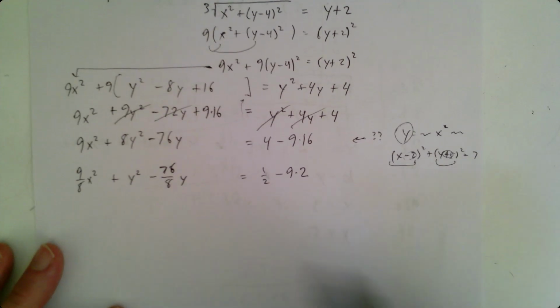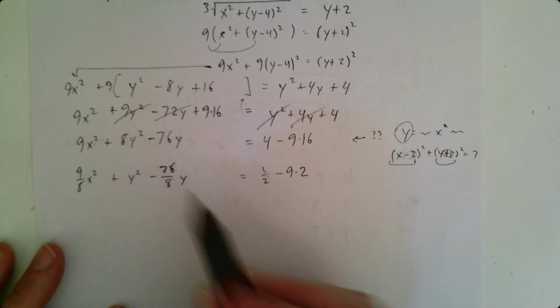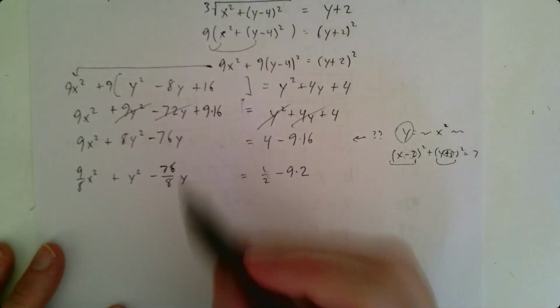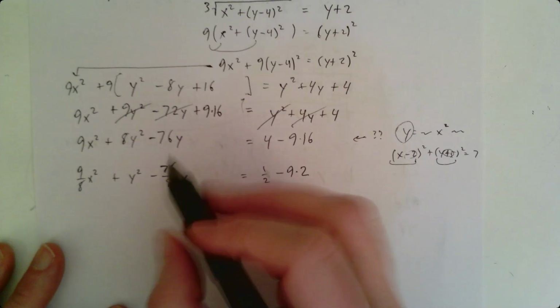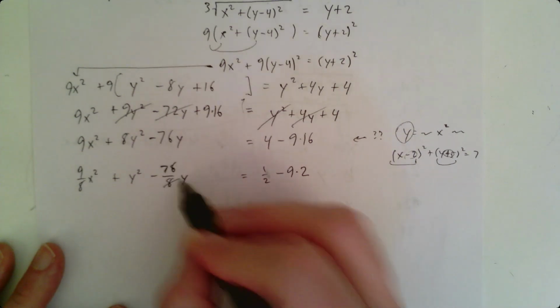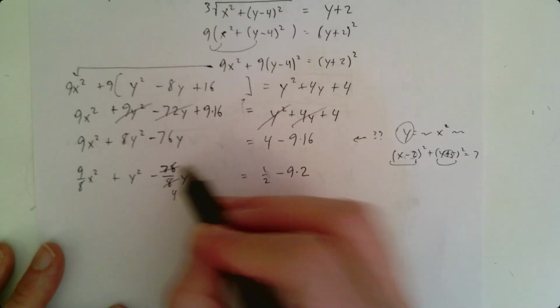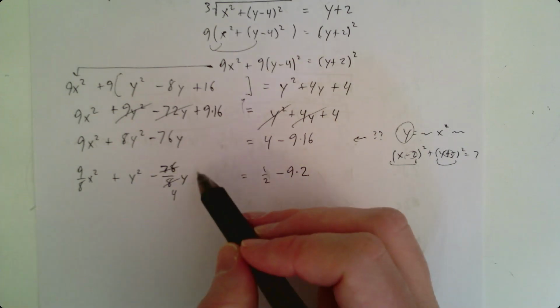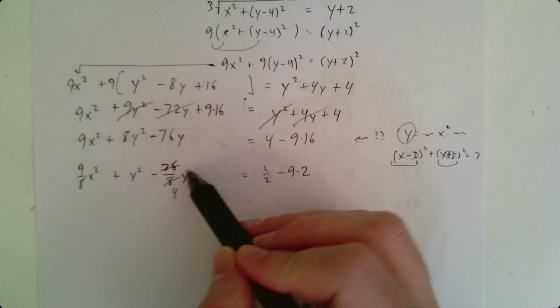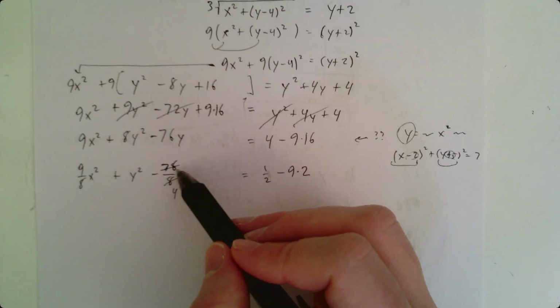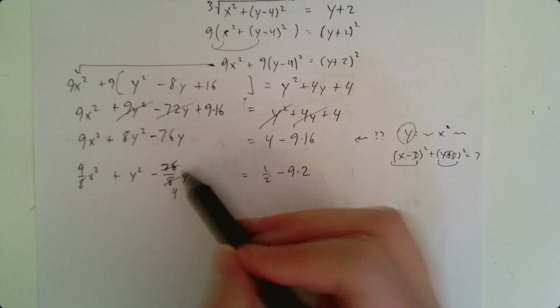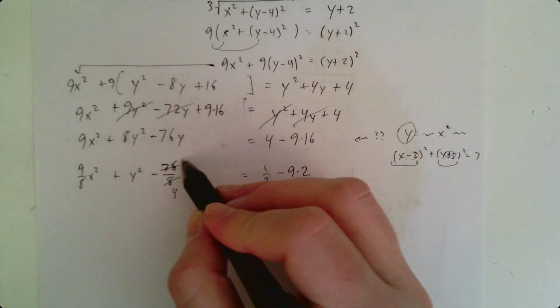Okay, let's simplify this 76 over 8. So let's cancel 2's. In the denominator, 8 divided by 2 is 4. In the numerator, 76 divided by 2: 70 divided by 2 would be 35, 6 divided by 2 is 3, so 35 and 3 would be 38.